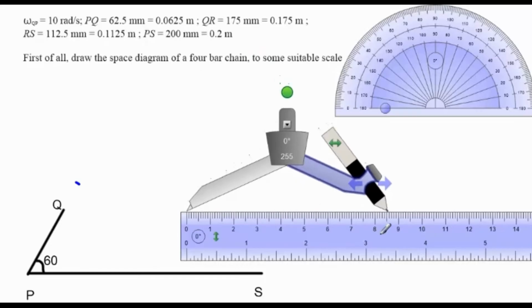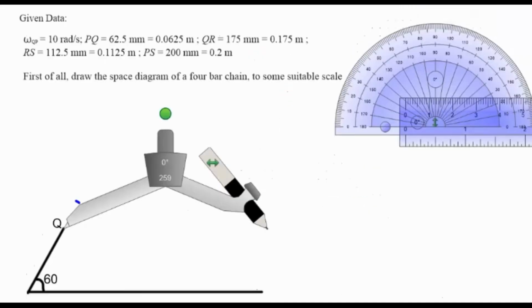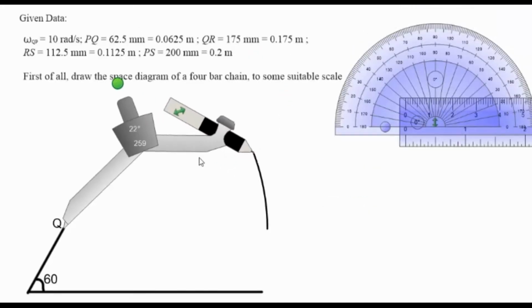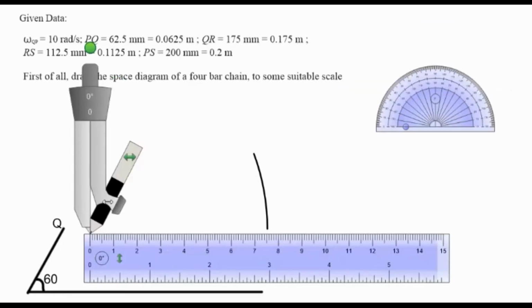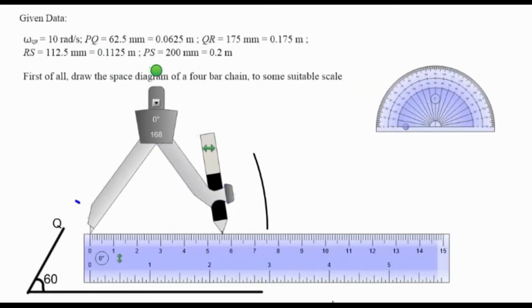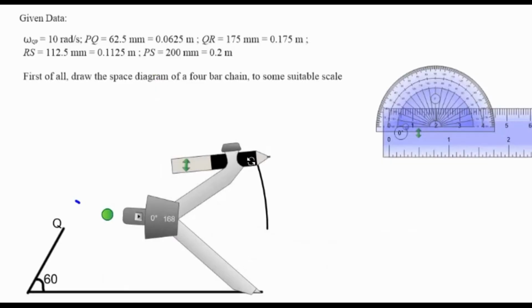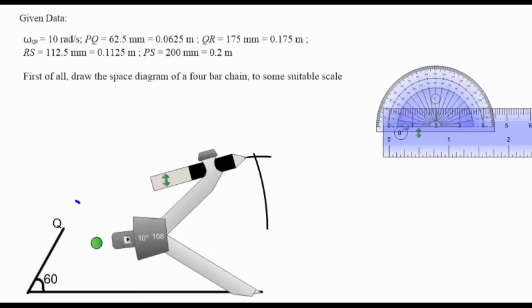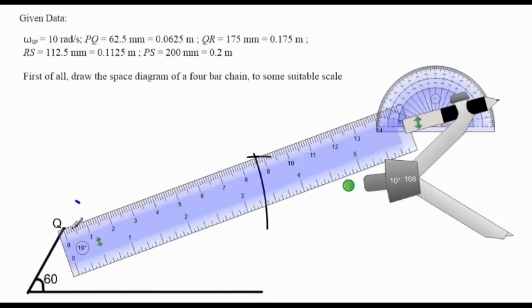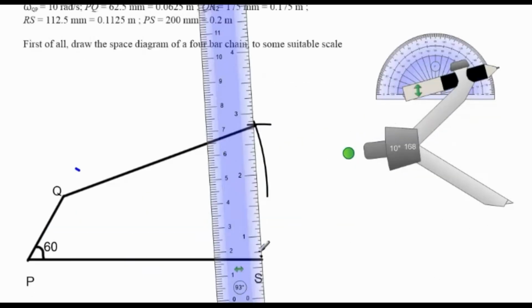So the next point would be R. To get that R, QR is given 175 mm. Take an arc, by taking Q as a center, QR as a radius. Similarly, make one more arc, taking S as a center and SR 112.5 mm as a radius. Draw that.